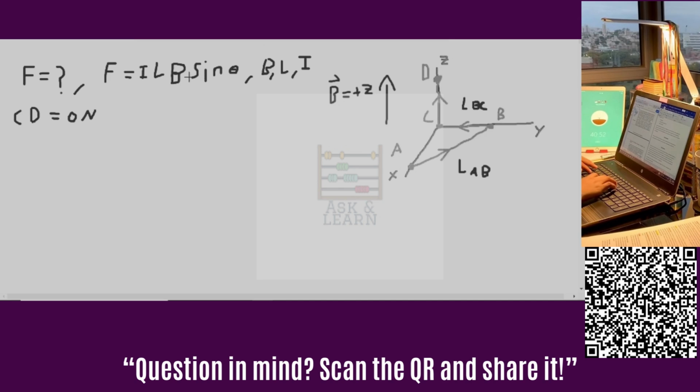Now what about the sine of theta? What direction do we have between B and I? So we have B pointing in the Z direction, and both of these two lines travel in the plane of X and Y, which means that if we take this segment, we're going to shrink Z down so that it's in the same plane as X and Y. So we have the sides of a rectangle here. You could complete the rectangle, maybe to help you see. So this is closed in this area.